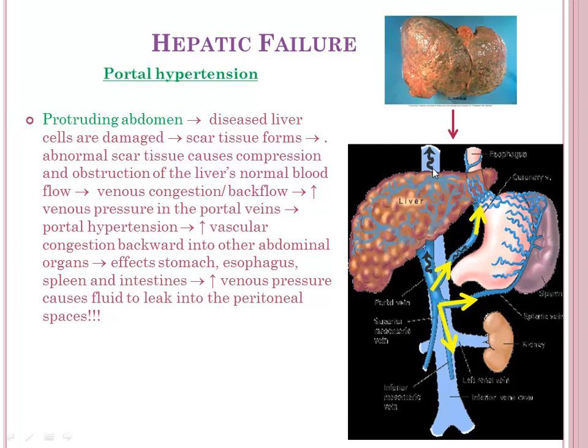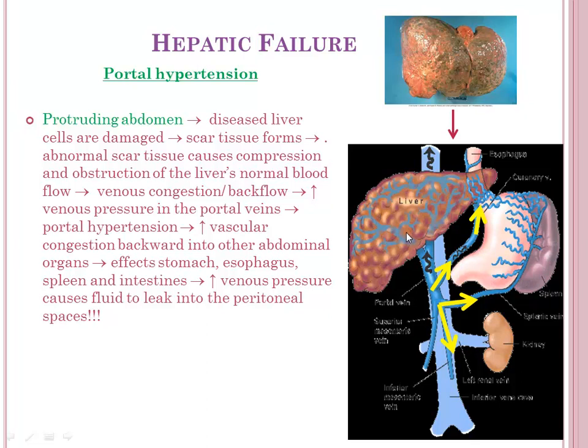And if you think about the highway, if there was some construction and instead of having 3 or 4 wide open lanes, now you were down to 1 lane, you know that this would cause a whole lot of congestion. And this is what happens when the liver cells are damaged. Scar tissue forms, and abnormal scar tissue causes compression and obstruction of the liver's normal blood flow.